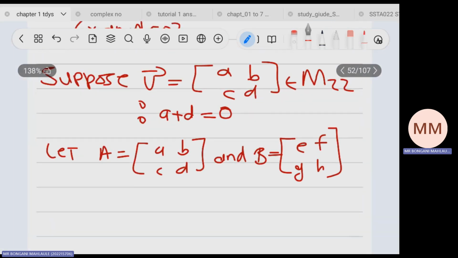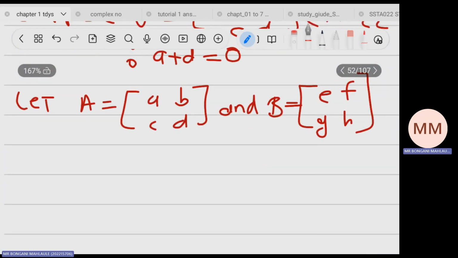Then we can start checking that property, all the axioms. Then A1, we know that we are going to check for closure under addition.